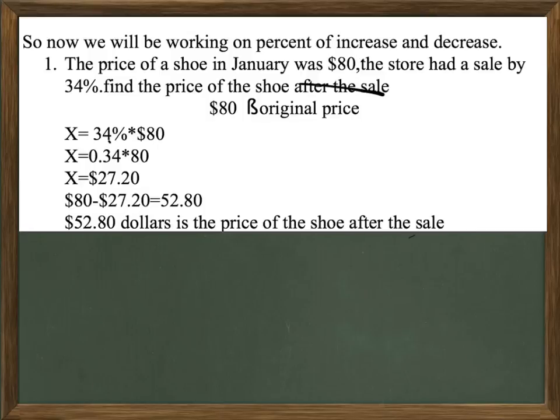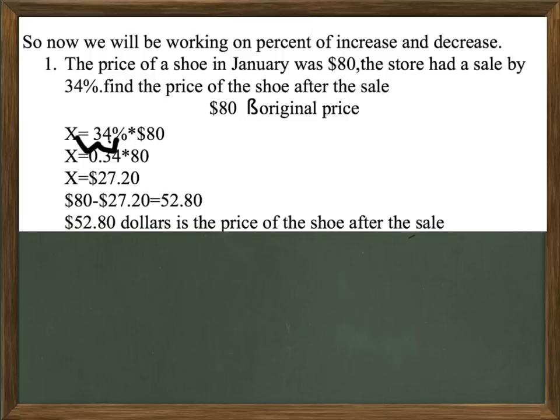So $80 is the original price. To find the price of the shoe after the sale, we multiply this 34% by 80. Well, we can't do that directly because we have to convert it to a decimal, because we can't just multiply the percent.